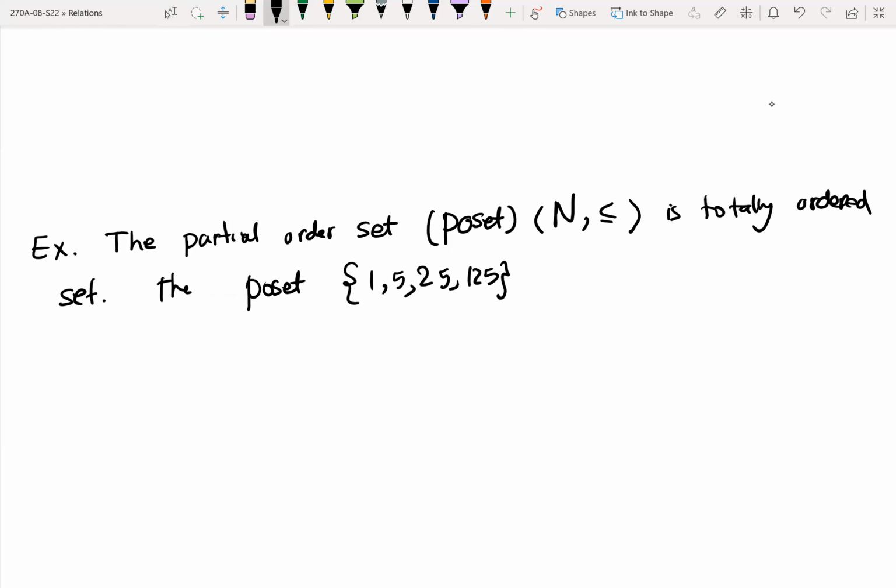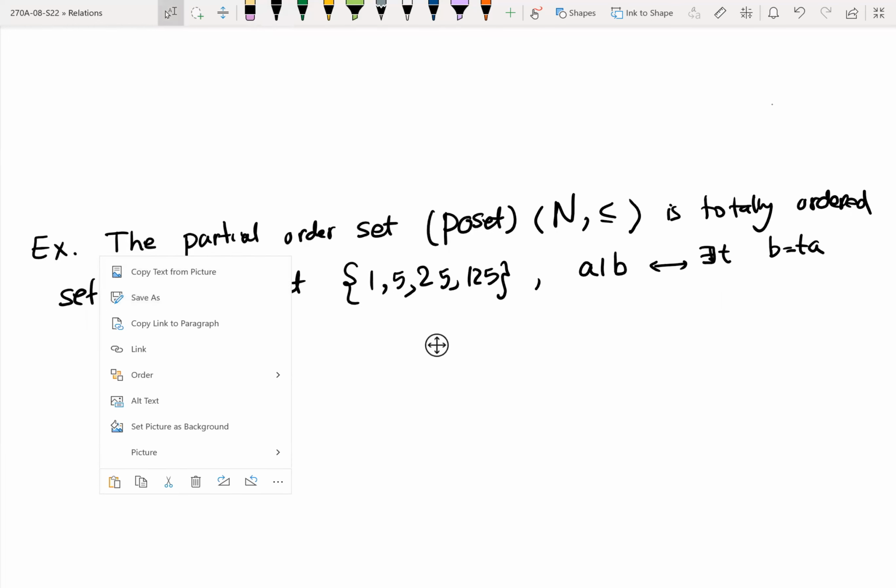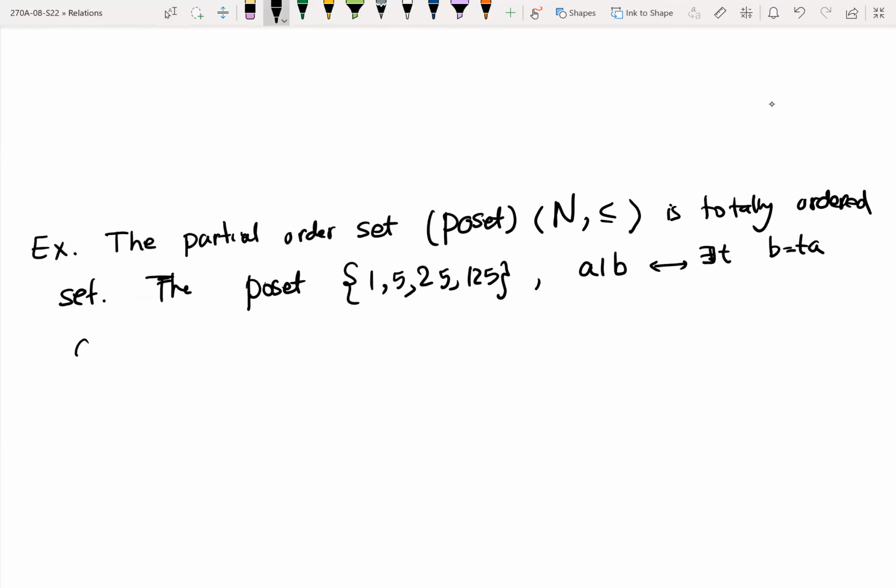And then with the divisibility relation, A divides B is just a relation. Same thing that we know: there exists a scalar such that B is a scalar times A, or A divides B, okay? The set of this is also partially ordered.